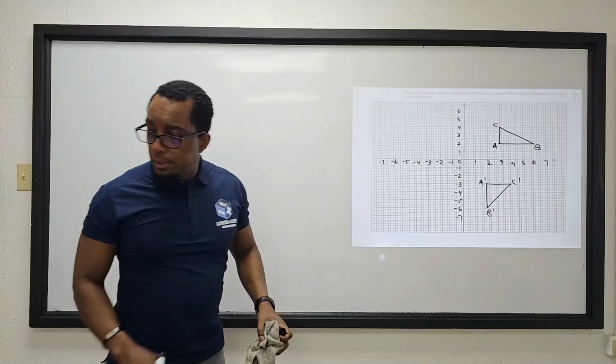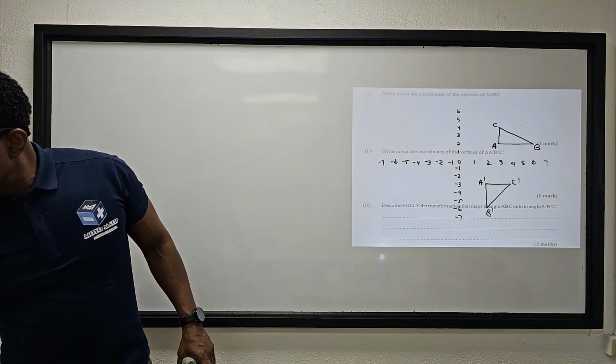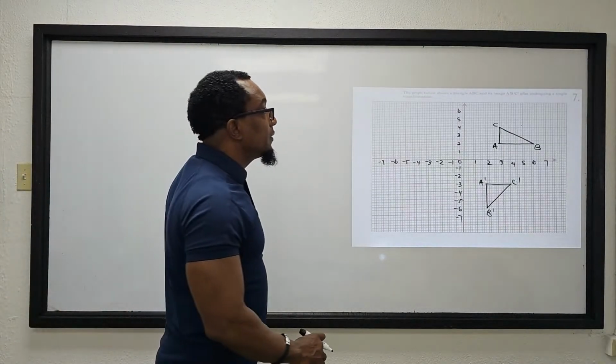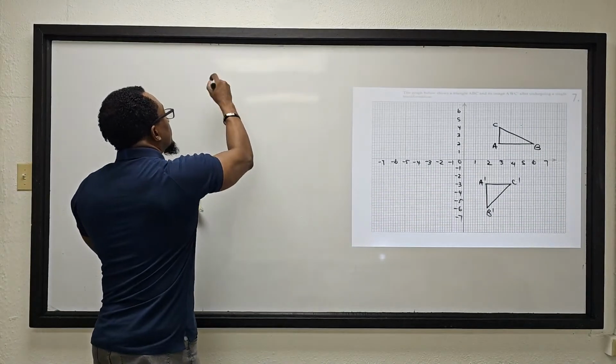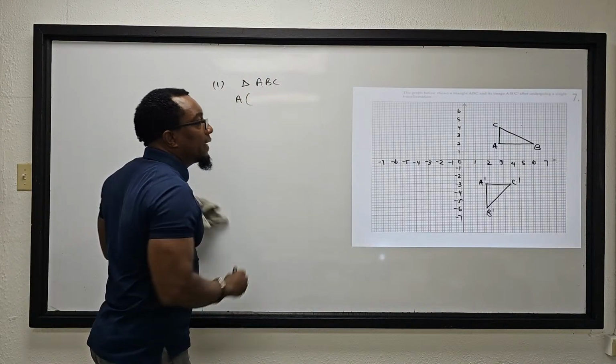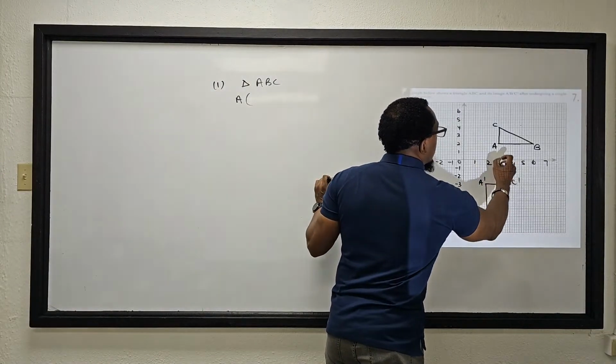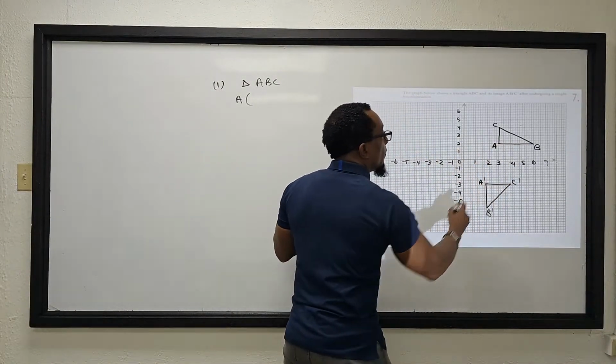They want us to write down the coordinates of the vertices of triangle ABC. A is clearly 3 on the x, 2 on the y.